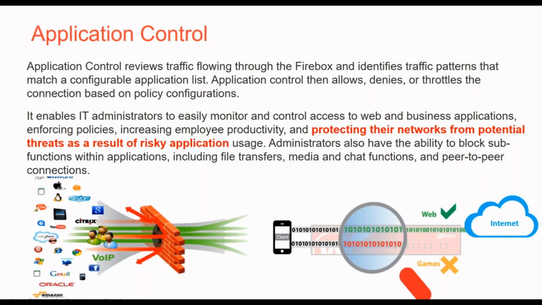So far, these two things are not security related; it is mainly to improve productivity. But you can also use it to protect the network from potential threats as a result of risky application usage. If I know exactly which applications I'll be using, I can say this is the only application that is going to be allowed.